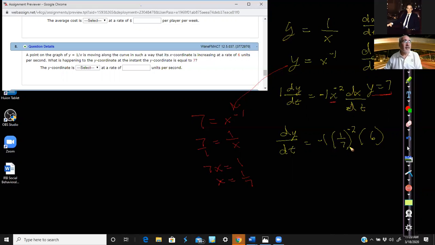So we just need to do this arithmetic here. dy dt: -1, and 1 over 7 to the -2 is going to be, invert this, that becomes 7 to the +2, that's 49.